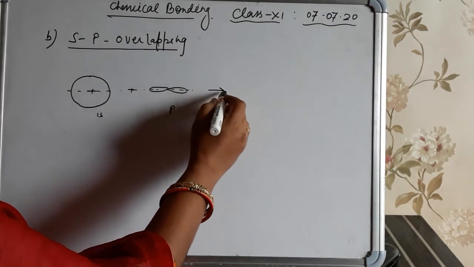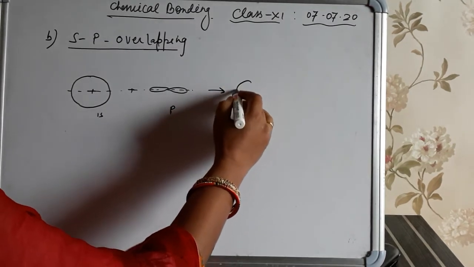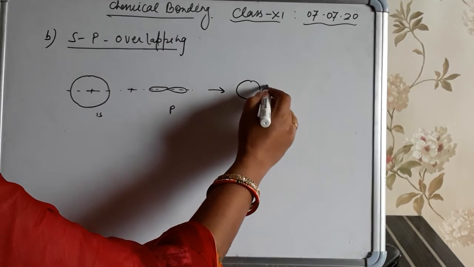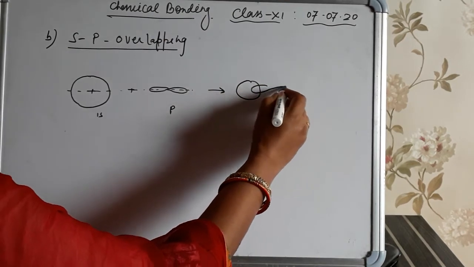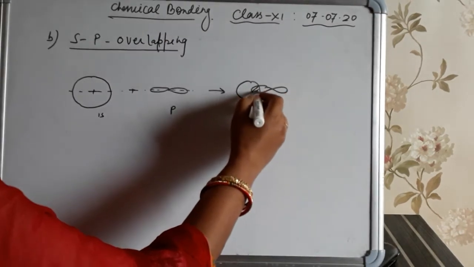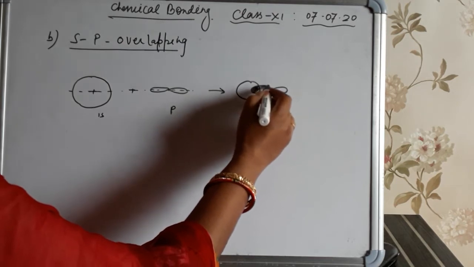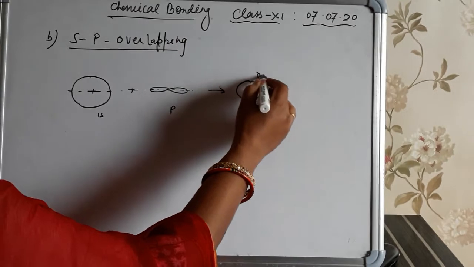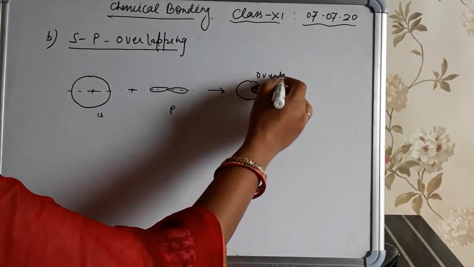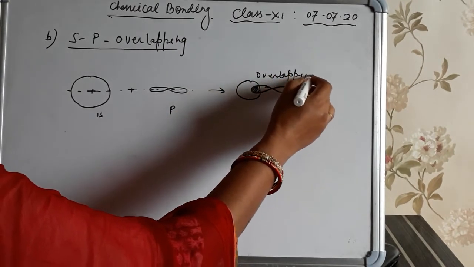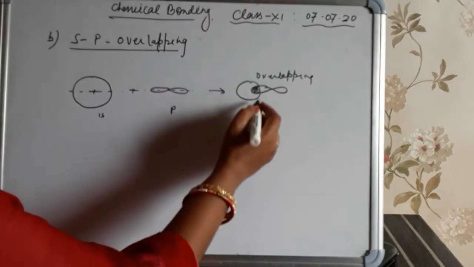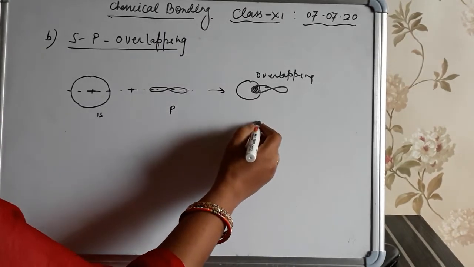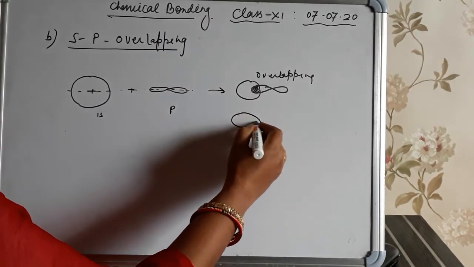So the formation of this type of structure, this is the area of electron clouds, this is the overlapping area. And the formation of molecules finally is of this type.